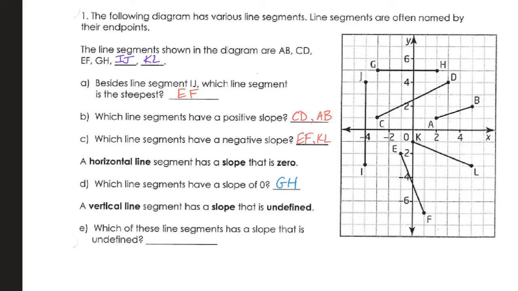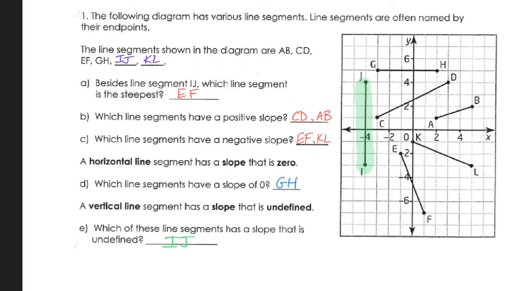Okay. A vertical line segment has a slope that is undefined. So for E, which of these line segments has a slope that is undefined? I almost don't think we need a whole lot of time on that one. We should be able to say, well, there's my vertical line, and so that one is going to be line segment IJ.